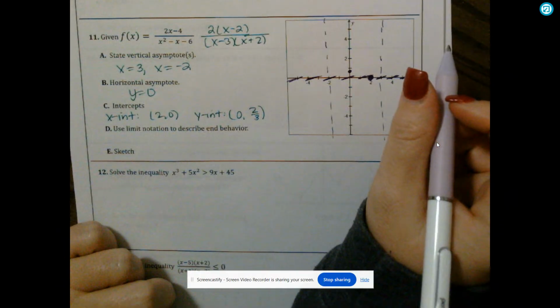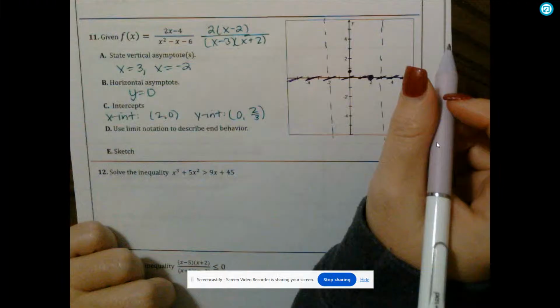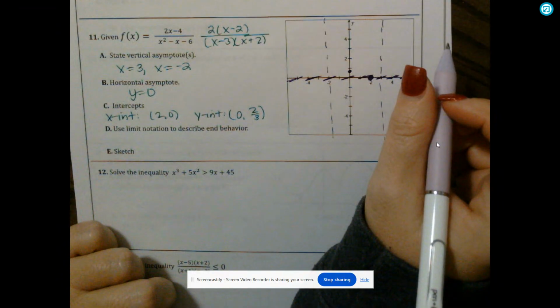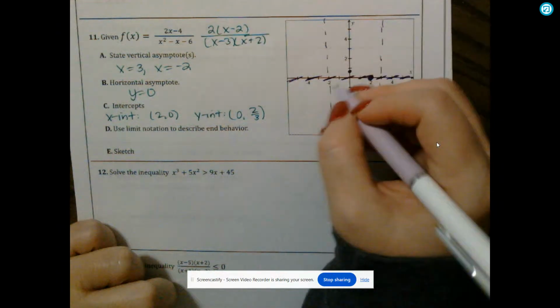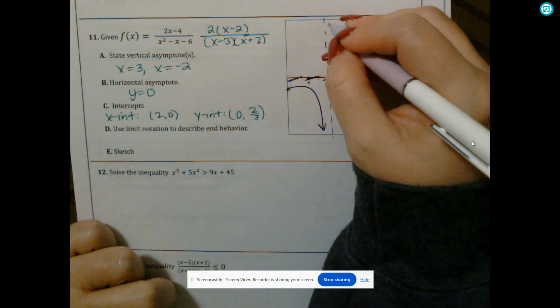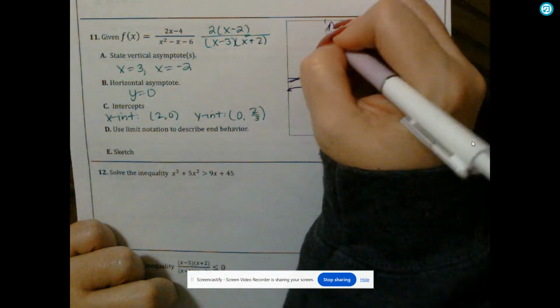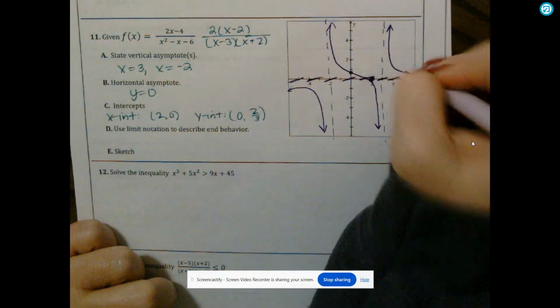We can do sign analysis here to decide which one it is. It should follow your asymptotes, so it should look like this. Again, we could do sign analysis to see this.